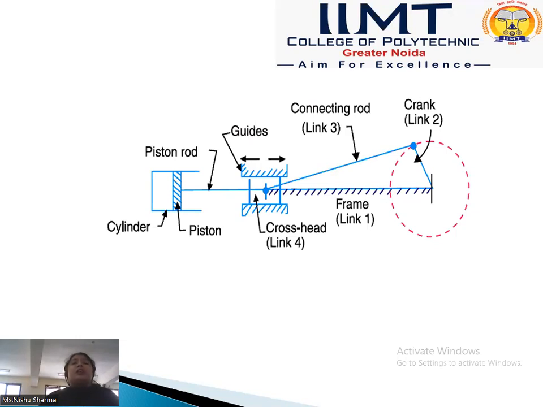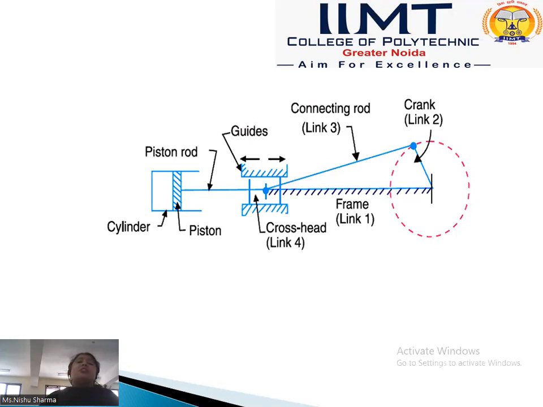Then 2 and 3, that is link 2, the crank, and link 3, the connecting rod, are connected. It also has a turning motion, and it forms a turning pair. It means 2 3 is also a turning pair, and 3 4, the connecting rod and the crosshead, also has a turning motion and produces a turning pair.